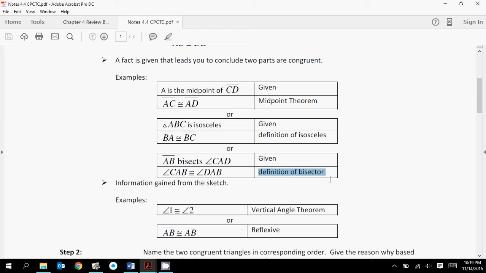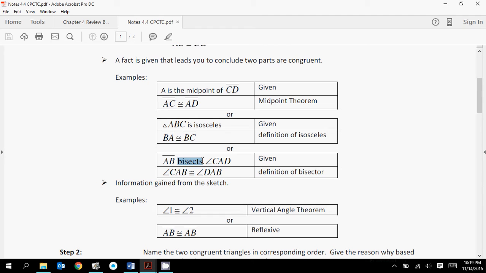Now on that proofs quiz that y'all just recently took, there was some people where I had something like A is the midpoint, and then in your proof, you said definition of bisector. Well, no. I mentioned midpoint, so you need to mention midpoint in your proof. Same thing for some of y'all on your quiz.